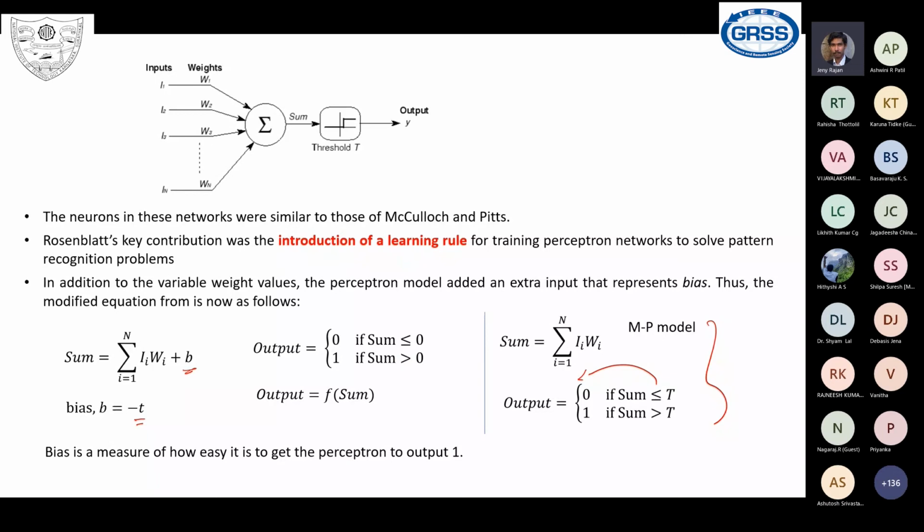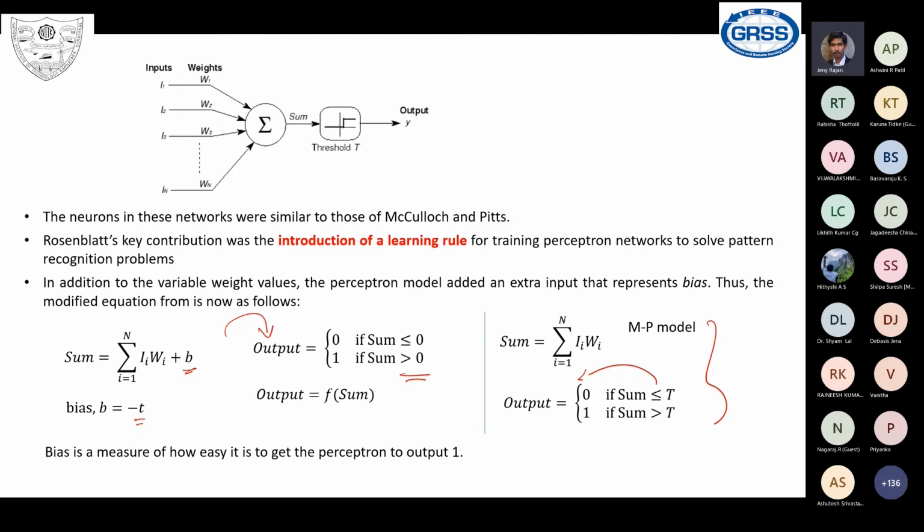So then the output looks like this, right? Output is equal to 0 if sum is less than or equal to 0, and output is equal to 1 if sum is greater than 0. This is the only modification that he made to the MB model. He moved this threshold to the left side of the inequality, and he named it the bias.